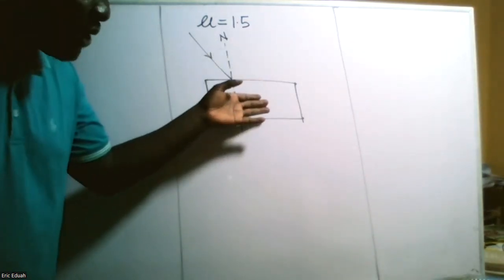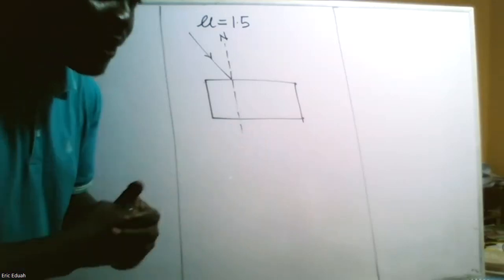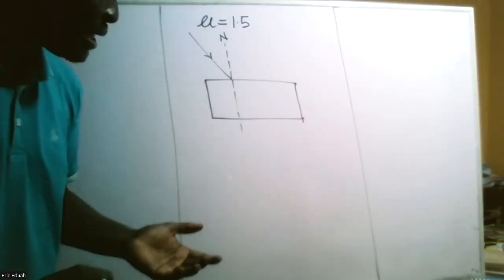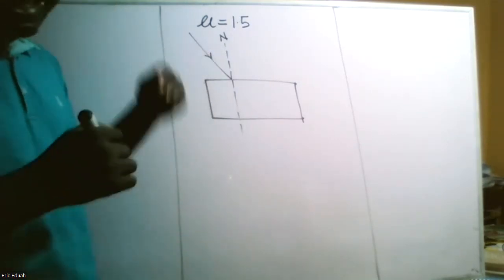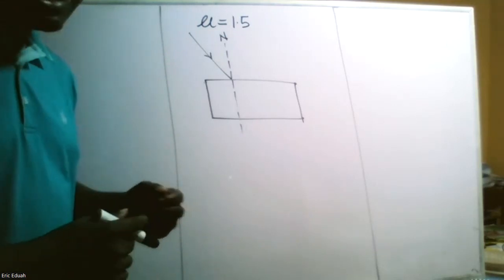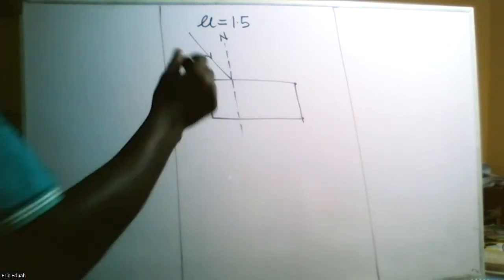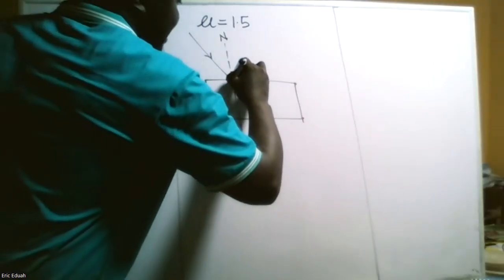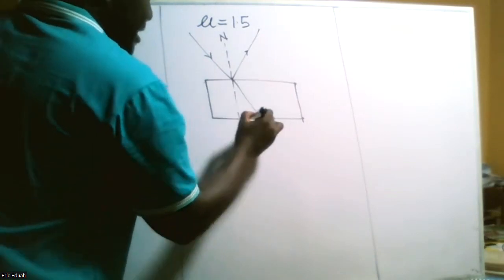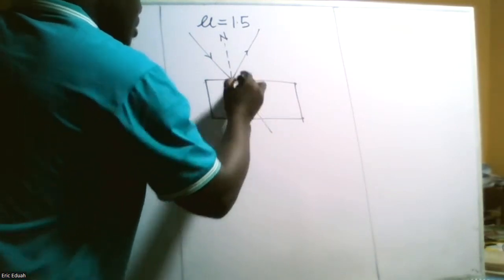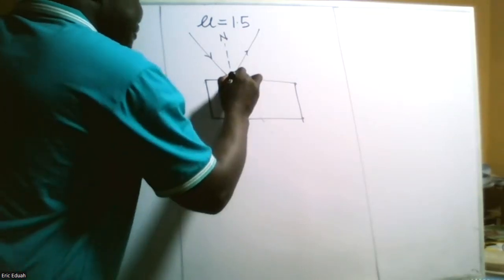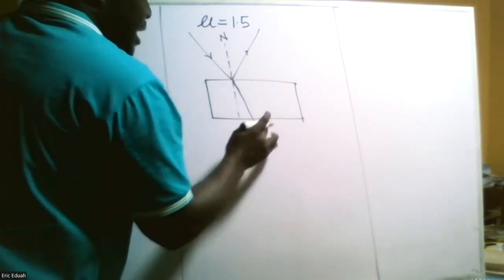If it is transparent or translucent, transparent you see a greater percentage, translucent a smaller percentage. But whenever light hits a second medium whose density is different from the first one, part of it is reflected and part of it is also refracted. Part of it is refracted, and here the refracted ray will be towards the normal.